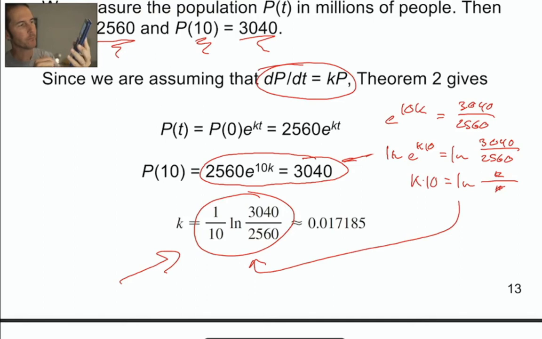And you can take this exact value, not just approximately 0.017185, but the infinitely long decimal, and store it in any variable that you want.